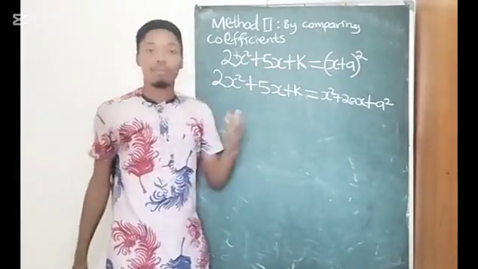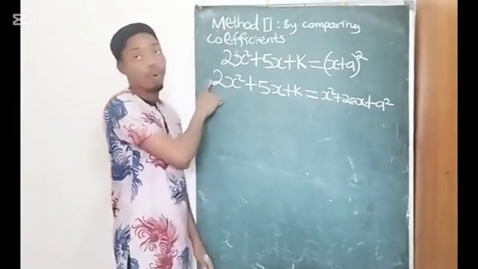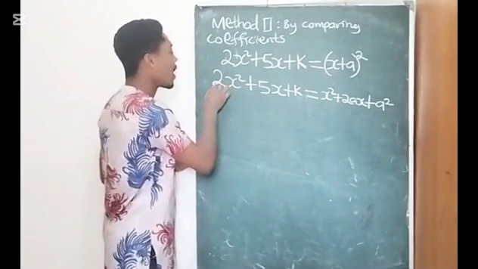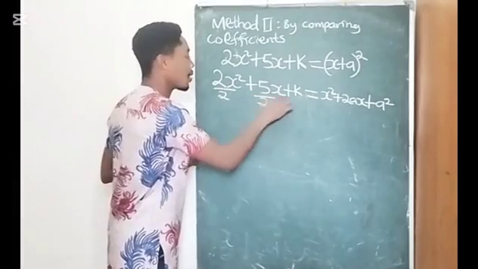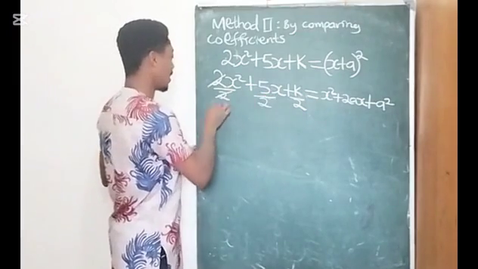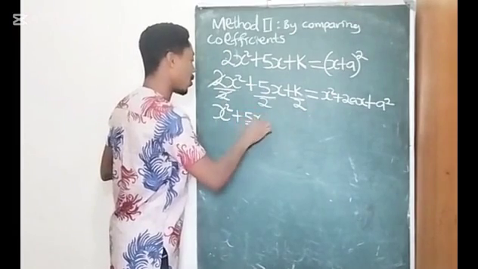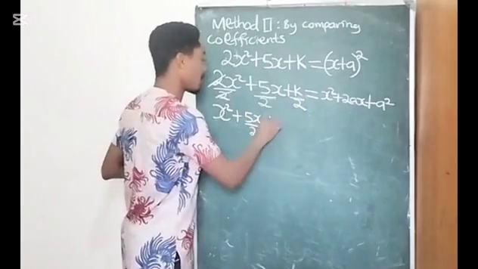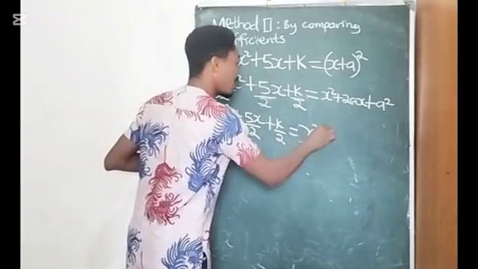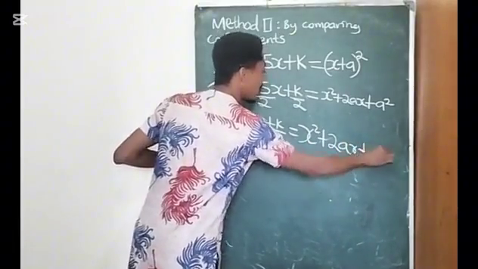Moving forward, you can see that the coefficient of x squared is not unity, is not 1. So I'm going to make it 1. How am I going to do that? I'll divide all through by 2. So that cancels. So this becomes x squared plus 5x all over 2 plus k over 2 equals x squared plus 2ax plus a squared.